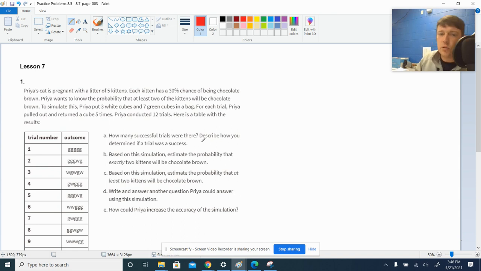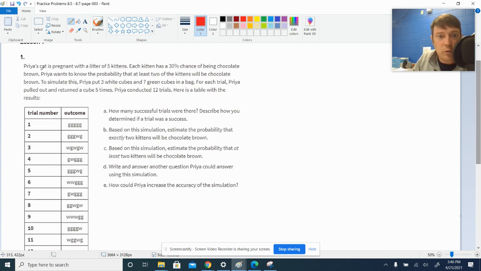How many successful trials were there? Well, the definition of a successful trial to her was having at least 2 kittens that are chocolate brown. And chocolate brown down here would be W's because those are the white cubes. So none there, not on that one. Only 1 on that one. 3 there, that would be successful. 1 there, nope. 1 there, nope. 2, that's at least 2. 1 there, no. 2, yes. 2, thank you very much. 1 and 2, okay.